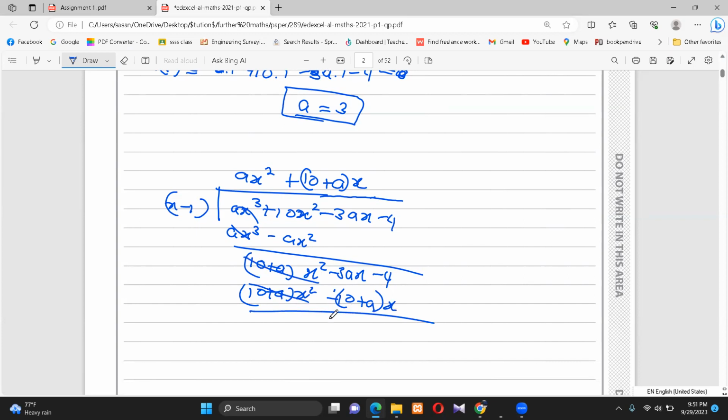These cancel off. Subtracting these two, this becomes plus 10, and this becomes plus 8, then minus 2a x minus 4.